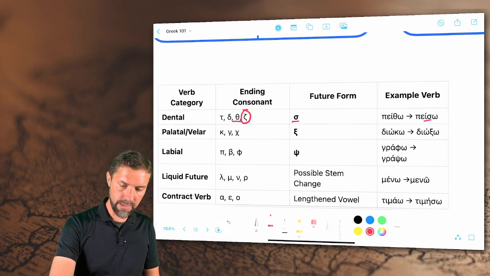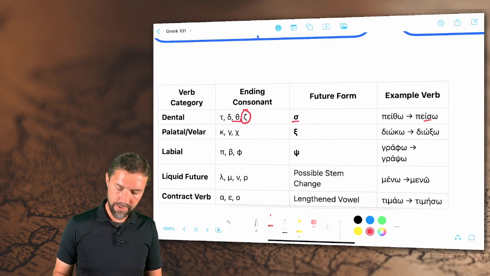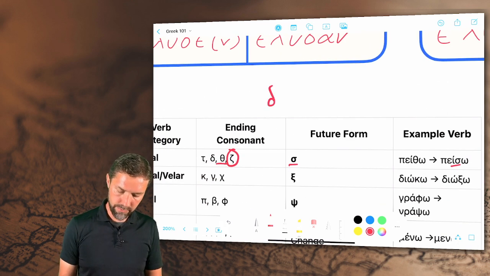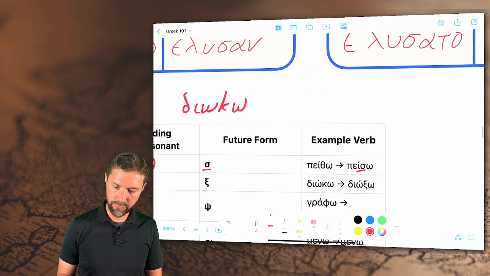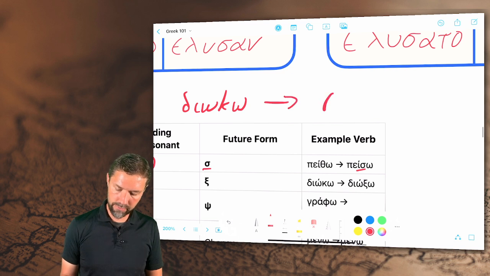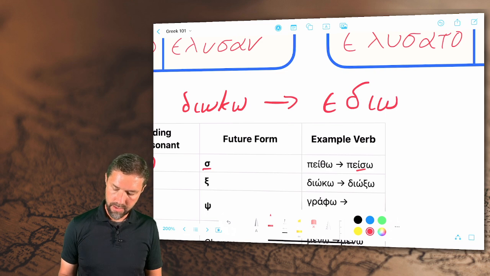And so if I did, excuse me a second here, if I did dioko as this is my root, okay, or that's the present active form. If I bring that across into aorist, I would expect an augment plus, here's my stem. Now, I have the kappa plus sigma alpha.